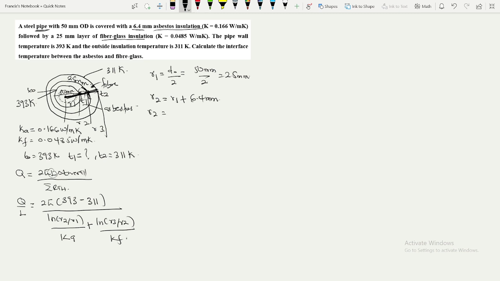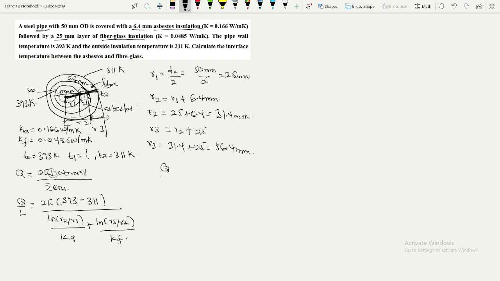So that will be 25 plus 6.4, and that will give us 31.4 millimeters. Our R3 will be R2 plus the thickness of 25 millimeters. That will give us 31.4 plus 25, and if I'm right, that should be 56.4 millimeters.